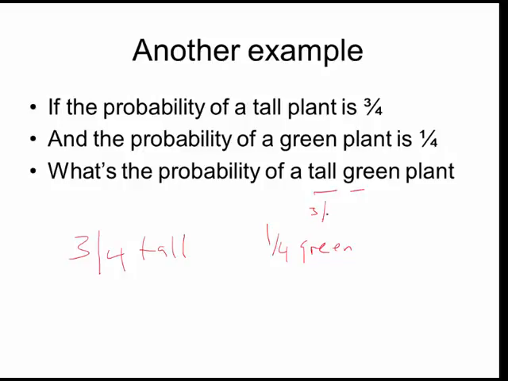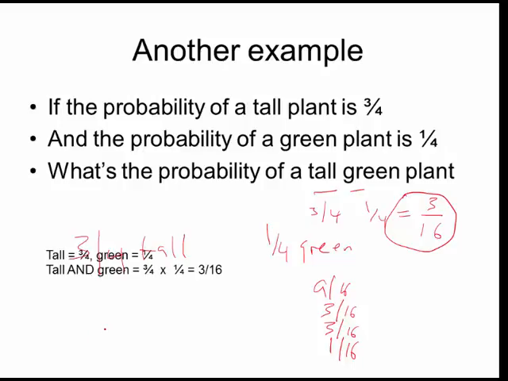You simply say 3/4 probability of getting tall, 1/4 probability of getting green, 3/16 getting both at the same time. So we use that a lot. You might recognize this from dihybrid crosses. You'll see that where we get 9/3/3/1, that's really 9/16, 3/16, 3/16, 1/16, and we can get that by just combining probabilities of different events. And it's much quicker than doing Punnett squares.